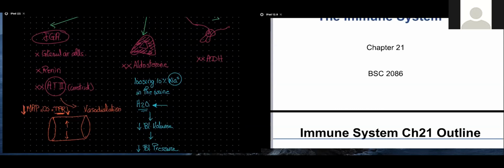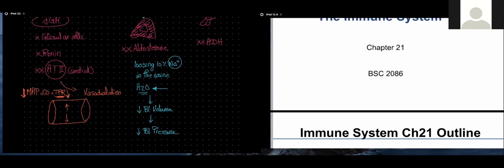When you inhibit the ADH release from the hypothalamus, this means that you won't be able to reabsorb back the water that got filtered out through your collecting ducts.